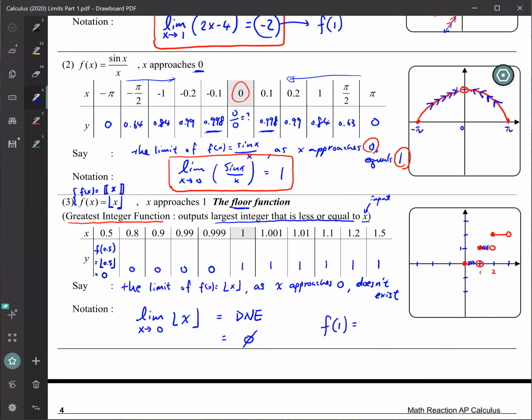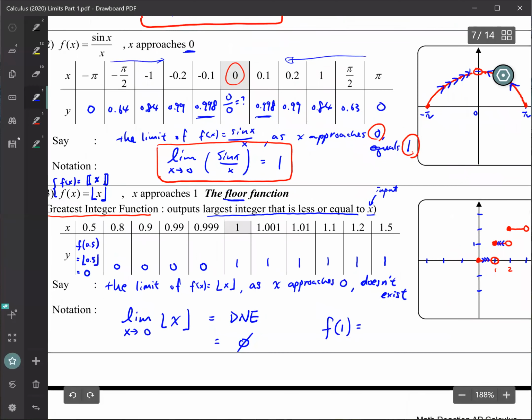I kind of get it, but what do you mean when you say f of 1? F of 1 means that input x equal to 1. What's the y value? 1? Yeah, it will be equal to 1, right? So even though the limit does not exist, you could still have a point at the spot. Okay, that's the point I'm trying to get, right?